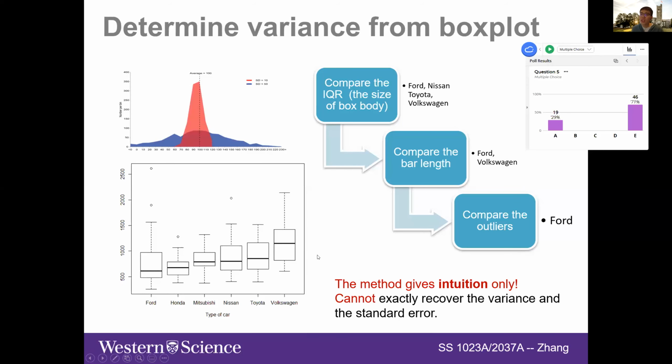Although we use this box plot to help us get a sense of how those data sets spread and how the variance is spread out, this method only gives us the intuition, and we cannot use it to exactly recover what the standard error is. To calculate the variance and standard error, we have to go back to our original raw data to do that.